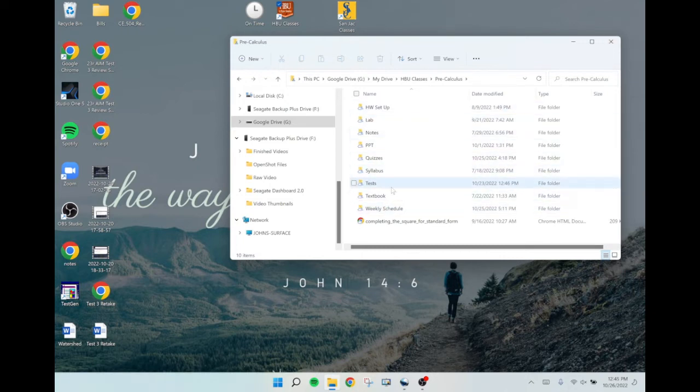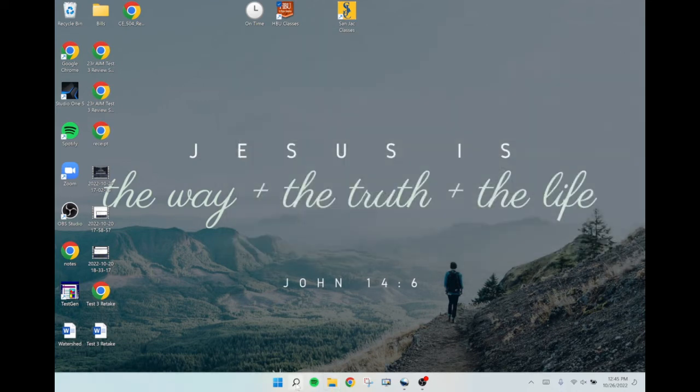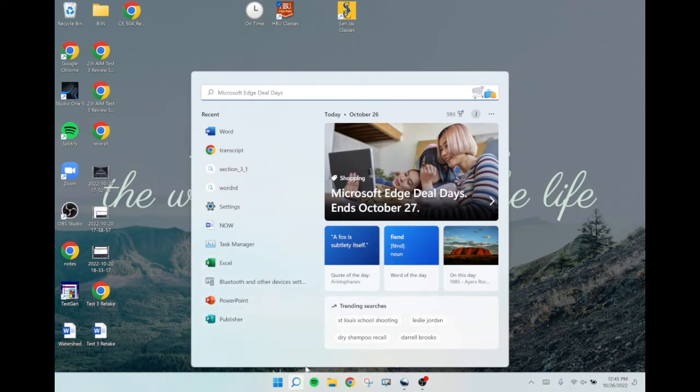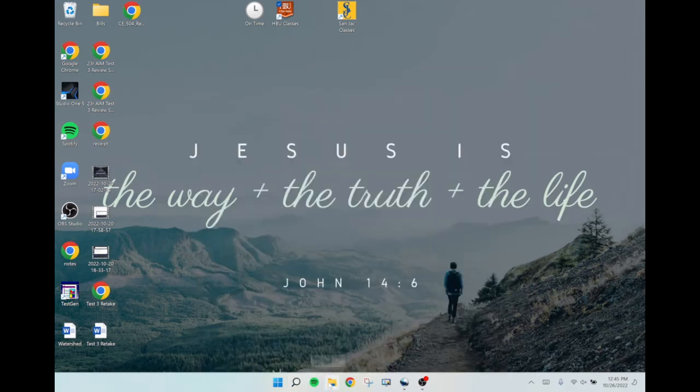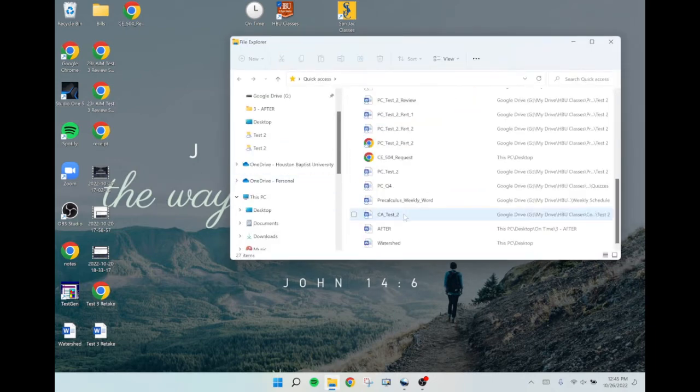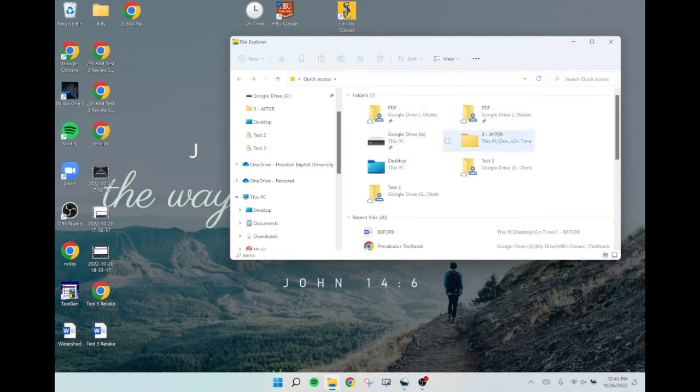Where's this thing at? I don't even know. What? This thing is just gone. This app is literally just gone. It just disappeared. Every indication of this app existing. What on earth?